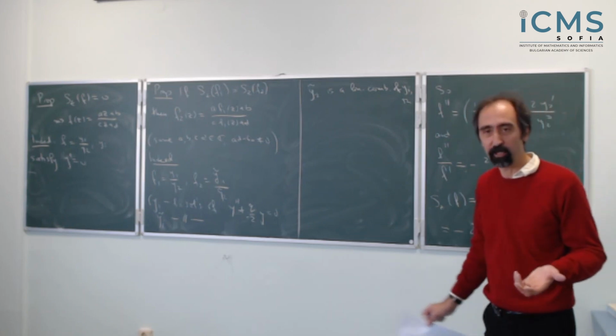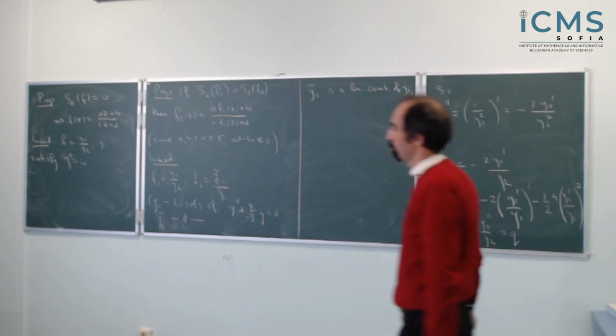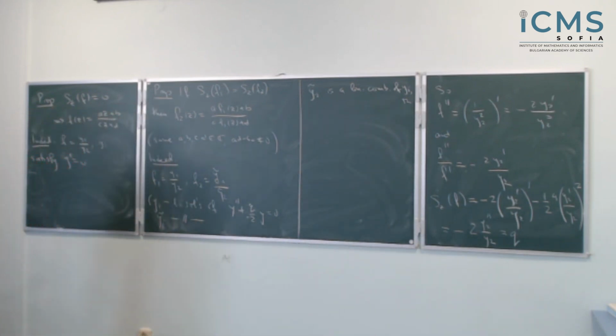Here we are going in the opposite direction: we take two functions with the same Schwarzian, and they differ by a fractional linear map. If q transforms like a quadratic differential, a section of k squared under changing coordinates, these yi's transform like sections of k to the one half.